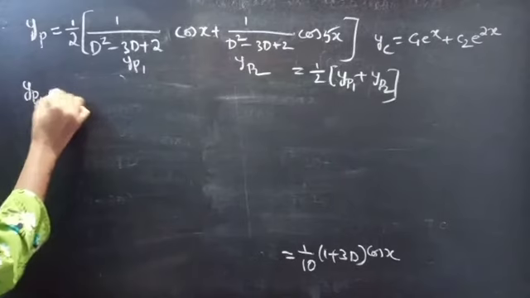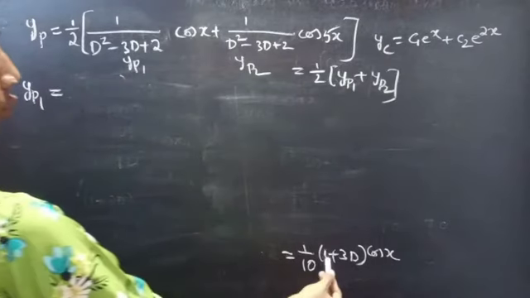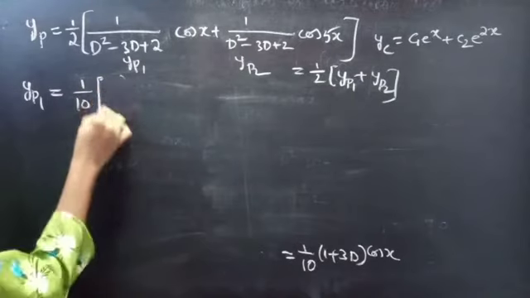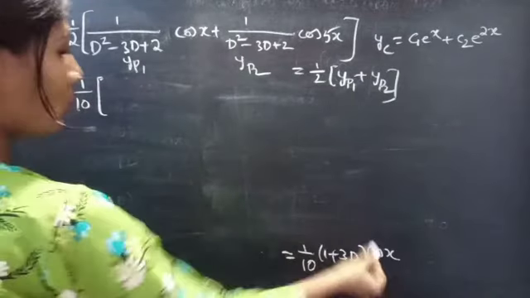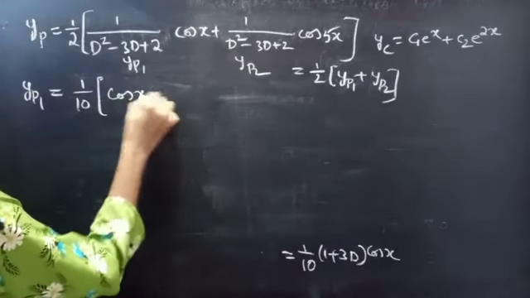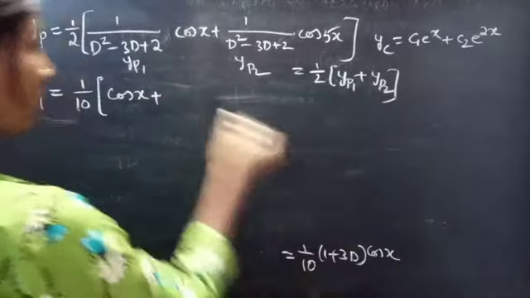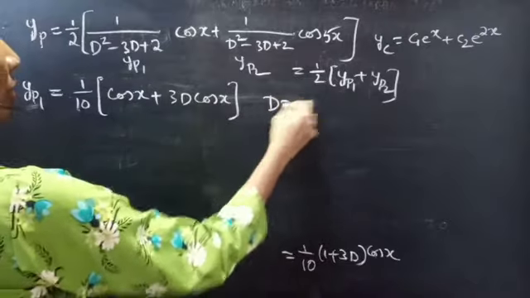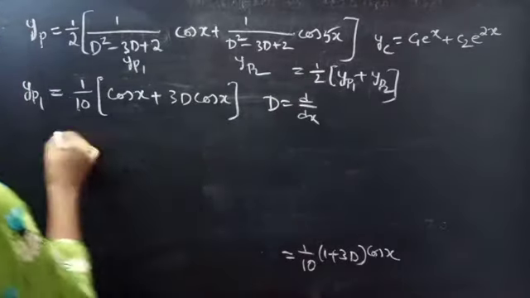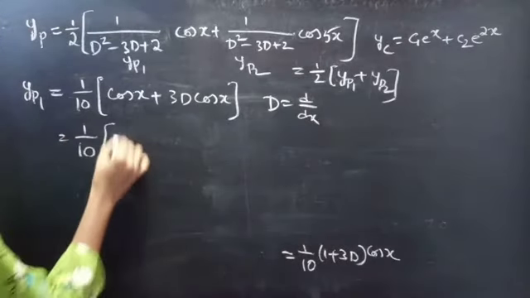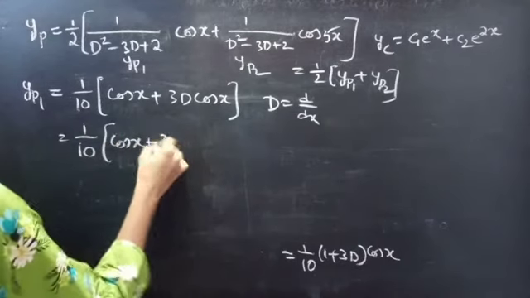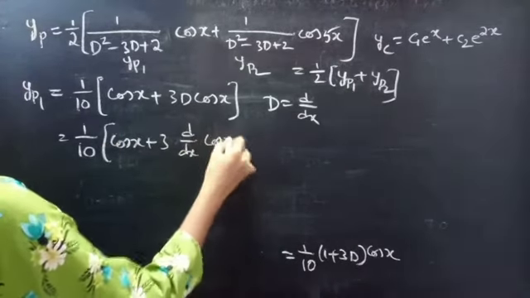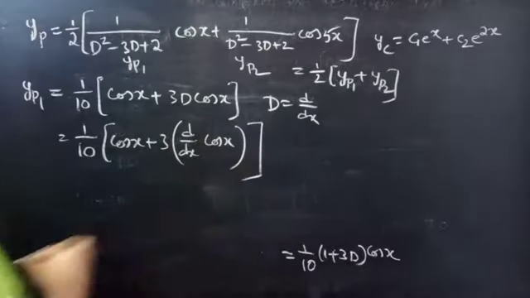Now we are having yp1 equals to 1 by 10 into 1 plus 3d into cos x, right? So we can write it as 1 by 10 into 1 into cos x is cos x plus 3d cos x. We know that differential operator d equals to d by dx. Then we can write this d as d by dx of cos x, right?